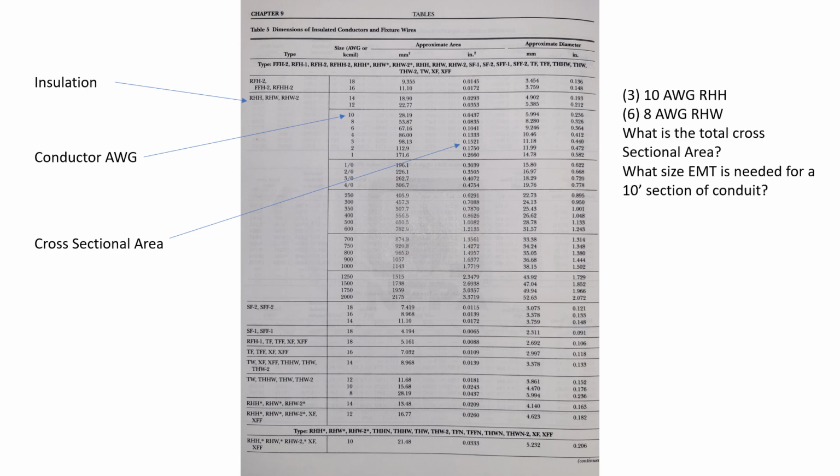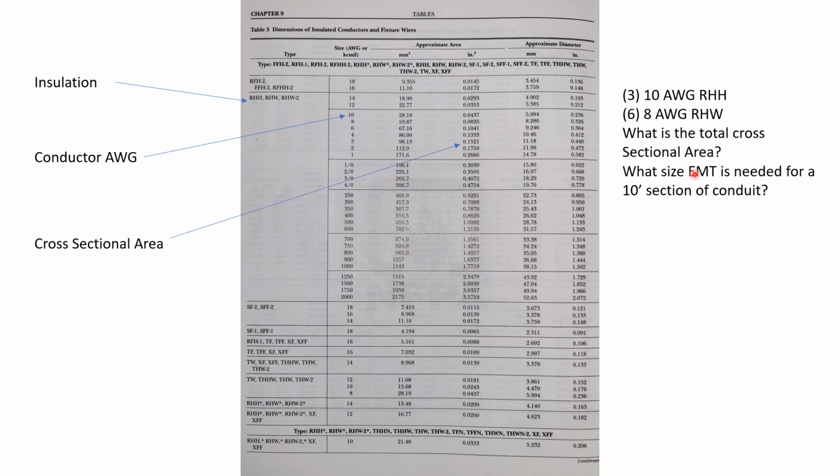So let's take it to the next level. Let's say we have 3 number 10s and 6 number 8s. The 3 number 10s are RHH. The 6 number 8s are RHW. What is the total cross-sectional area of all of these conductors put together?